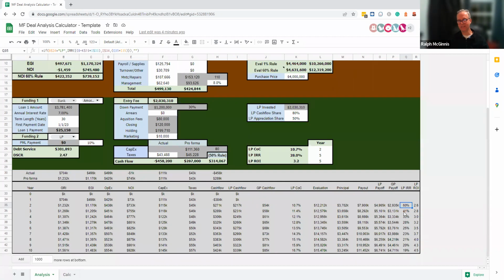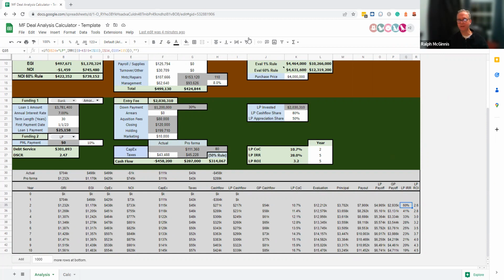So you don't necessarily want to get out immediately after you renovate it, because you don't have that seasoning, that T12 paperwork. Once you get out a little bit later, it's been seasoned, your IRR will be a little bit lower, but that's okay, because it's really hard to sell an IRR where you only held a property for 6 months. Does that make sense?